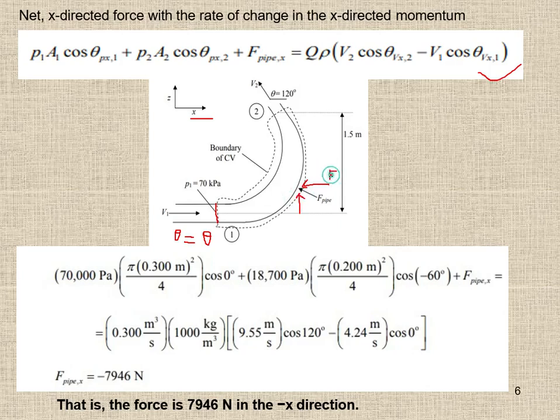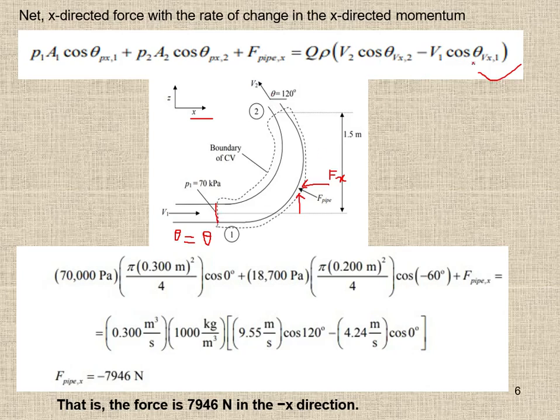So we are going to write down the general equation. Then rho Q is the mass flow rate multiplied by V2 minus V1. If it is discharging at a particular angle, V2 is V2 cos theta, and if entering at a particular angle theta, V1 cos theta.